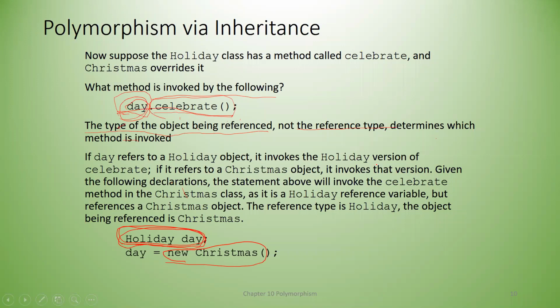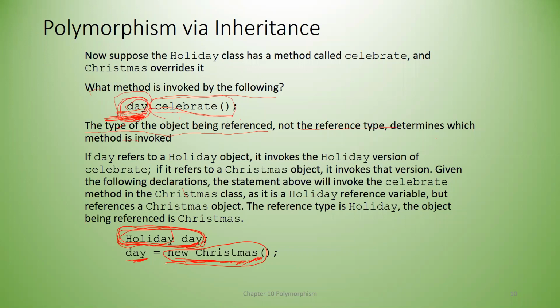I know it's not easy to grasp, but that's what that means. This is the reference type, because when you declared it, that's the reference variable. But this reference variable is pointing to a Christmas object. So when you do this, if both holiday and Christmas have a celebrate method, it depends on what object it is.